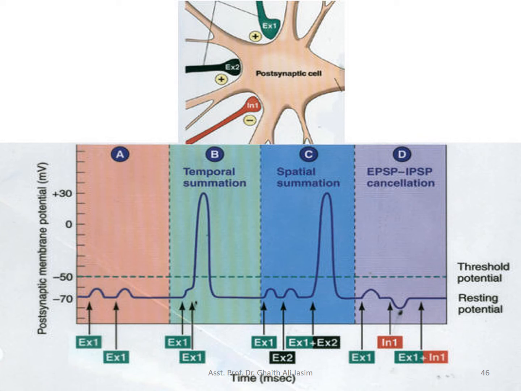While under C, we can find the effect of the spatial summation when there is excitation from neuron excitatory 1 and the excitatory 2. While under D, we can find the integration, or here the cancellation, when there is summation between excitatory postsynaptic potentials and inhibitory postsynaptic potentials.